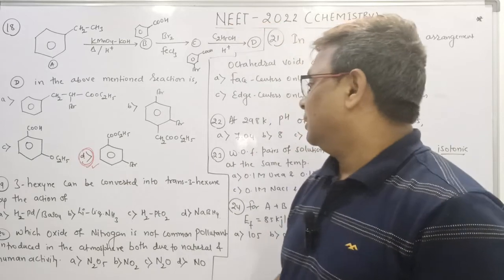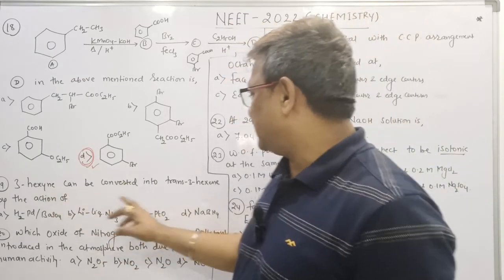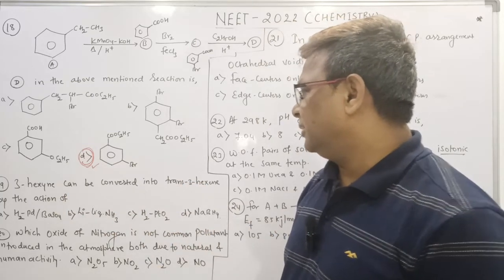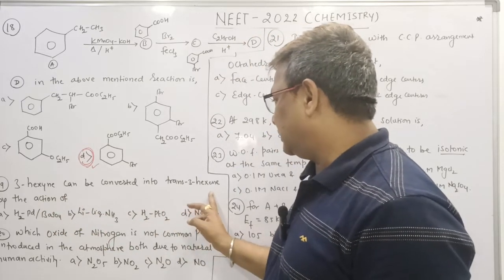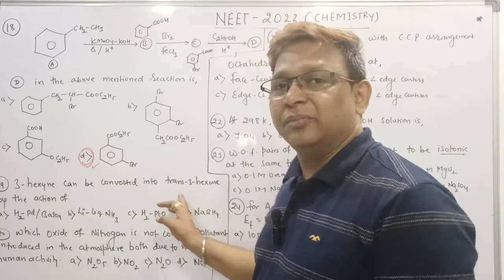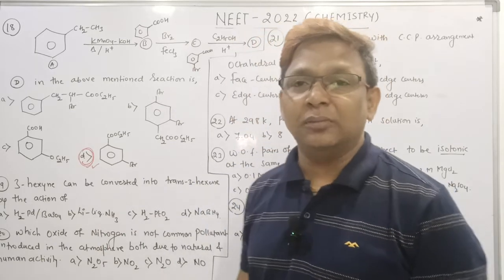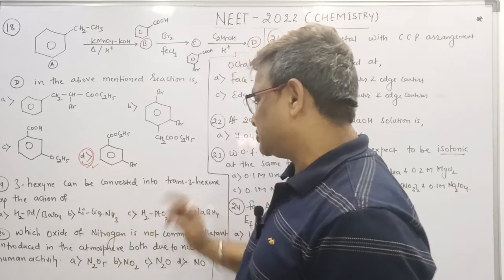Come to question number 19. 3-hexyne can be converted into trans by the action of what? If a triple bonded compound is converted into a double bond, an alkene, and that too a trans one, we require the Birch reduction process, where sodium or lithium with liquid ammonia is used. So lithium with liquid ammonia gives rise to trans.